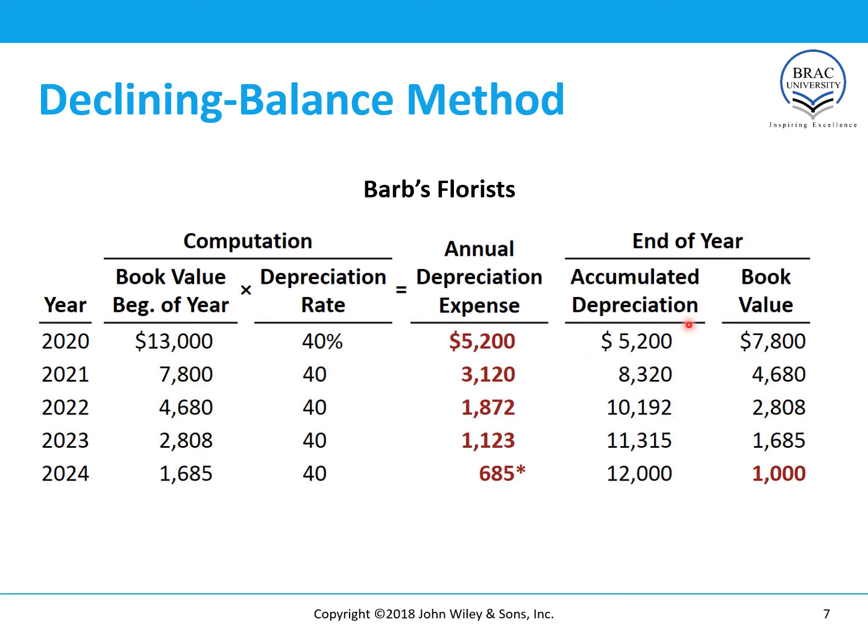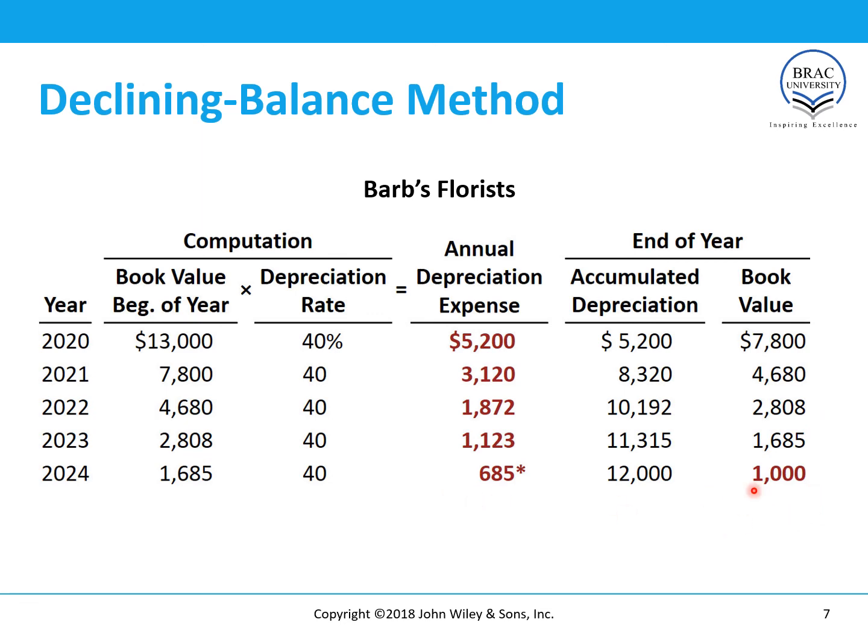So in this way we calculate the accumulated depreciation, which is the same as the other two methods. And the book value calculation is also the same, and that is we deduct the accumulated depreciation from the cost in order to get the book value of the asset.